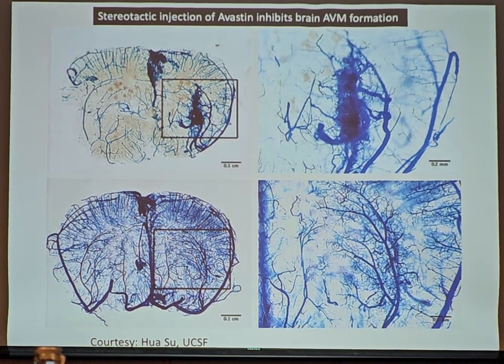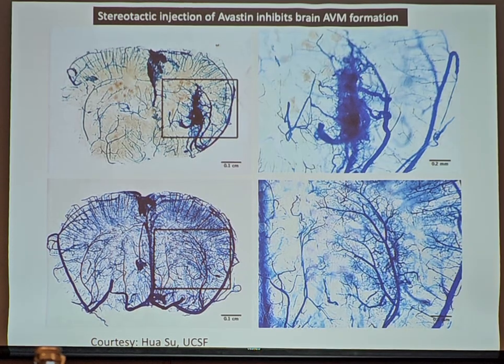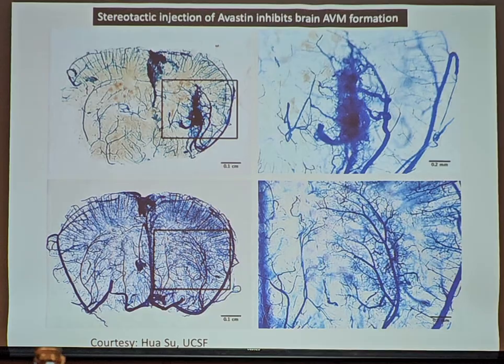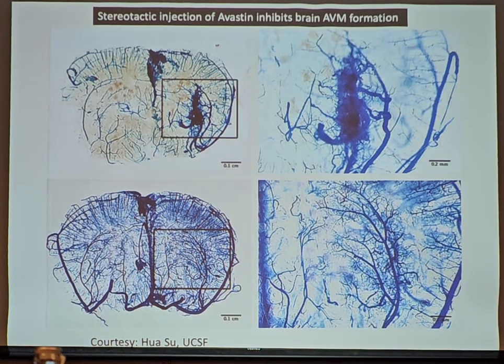And as I said, the UCSF group is now going one step further and is looking at, can we use now in patients with HHT VEGF inhibiting drugs to make AVMs even regress.